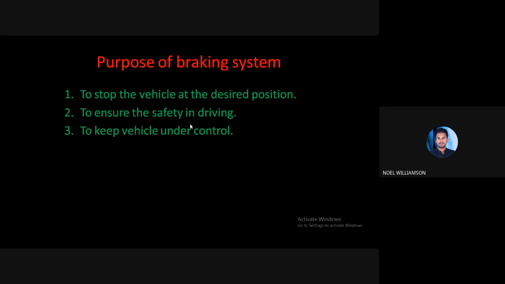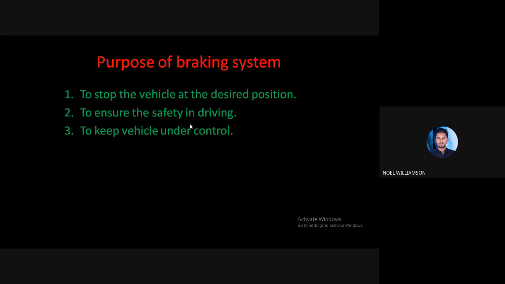To ensure safety in driving, we use the braking system. Next, to keep the vehicle under control: in order to have proper control, we should have the braking system. That is, while we are taking a curve, or suddenly meet irregular surfaces on the road, or while entering a hump or pitfall, etc., we have to reduce the speed.